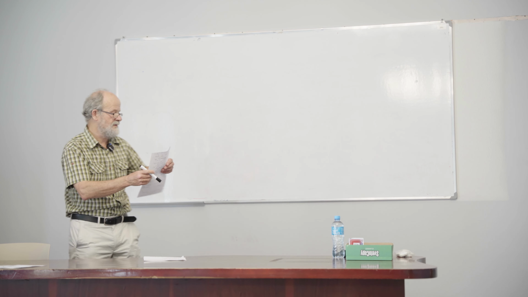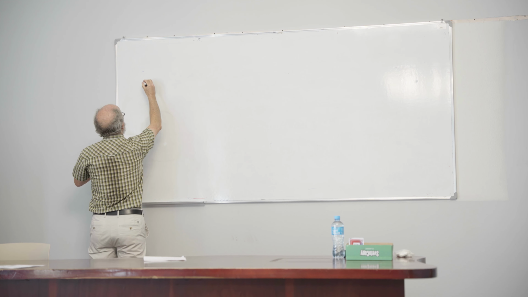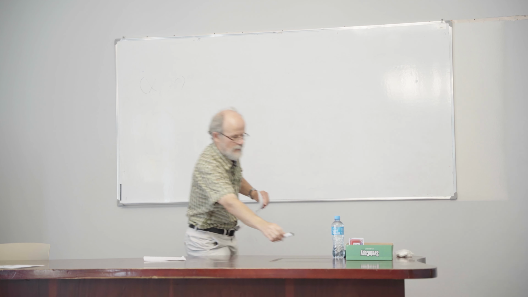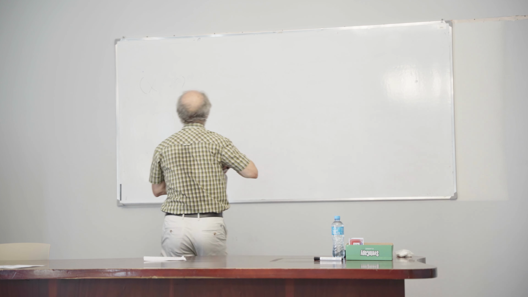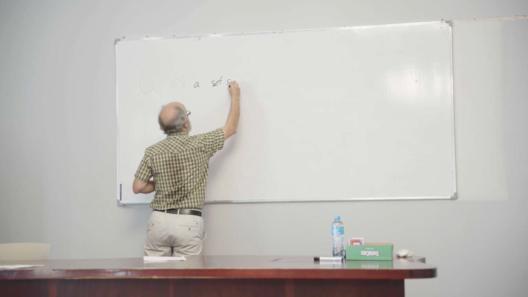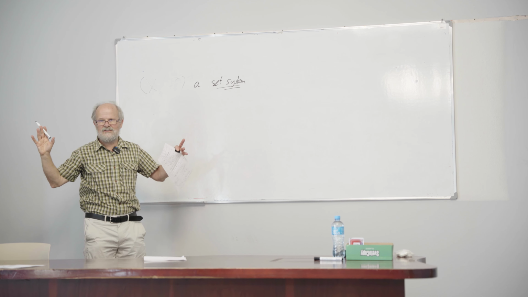So you may know all this, but we have X, curly F, a set system. This is not really model theory, it's just combinatorics really.